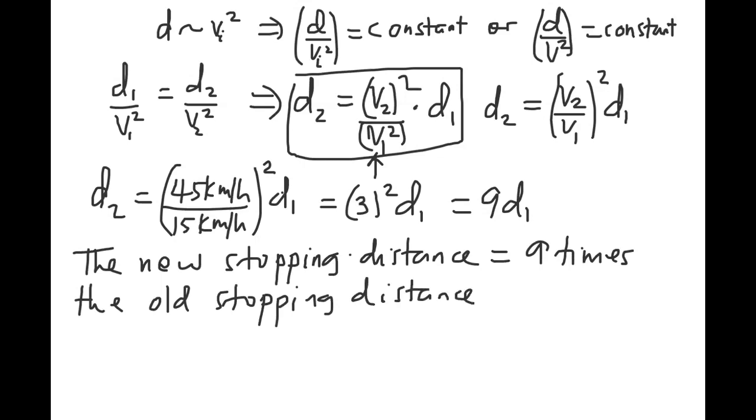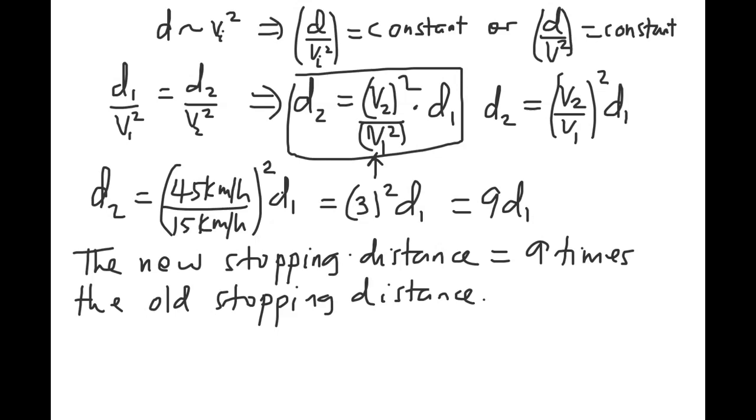Since velocity squared is 9 times more, stopping distance is 9 times as well.